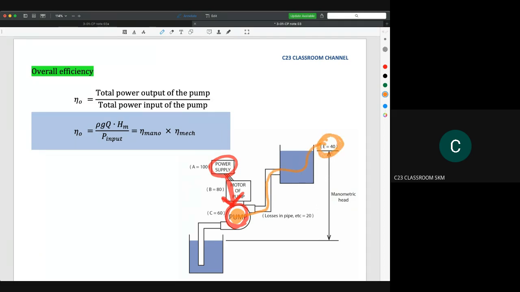So that is for manometric efficiency. And then if you are calculating the overall efficiency, you are calculating everything, from the power supply here until the output here. Okay, so these are the three types of efficiency. Make sure that you could derive the equation for the efficiency very well.